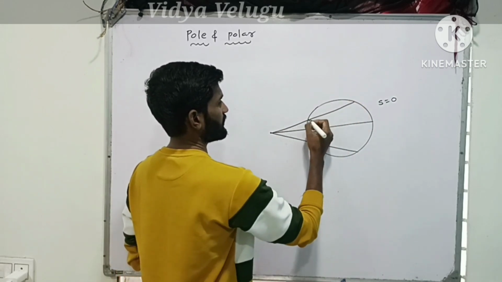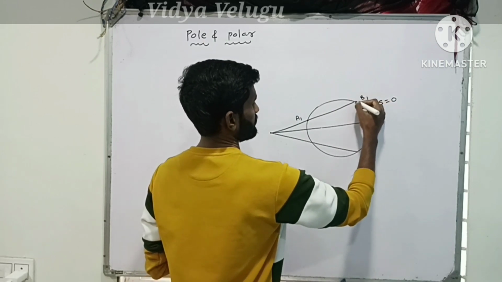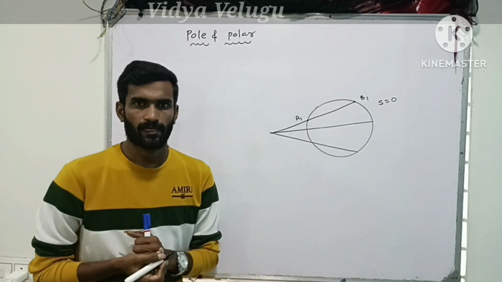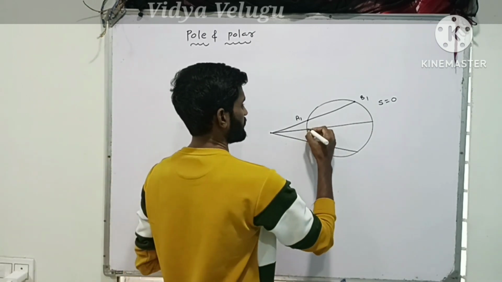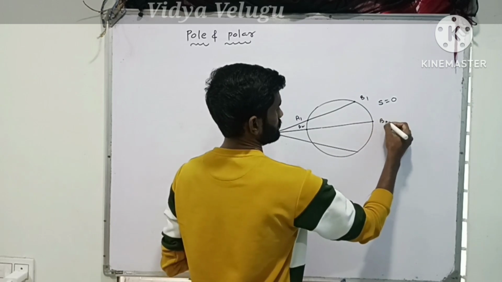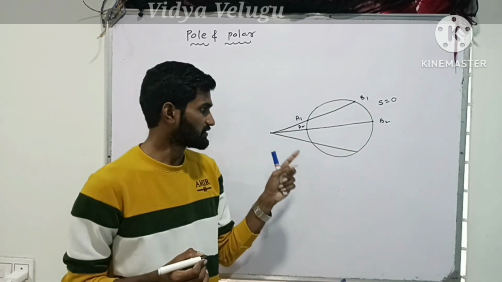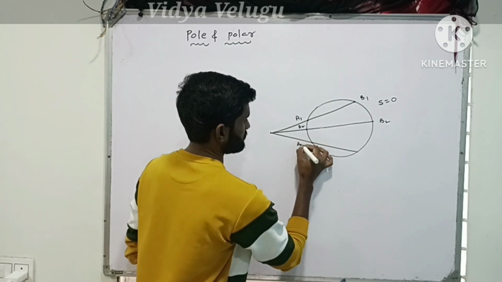So the first secant intersected our circle at A1 and B1. And the second secant intersected our circle at A2 and B2. And the third secant intersected our circle at A3 and B3.